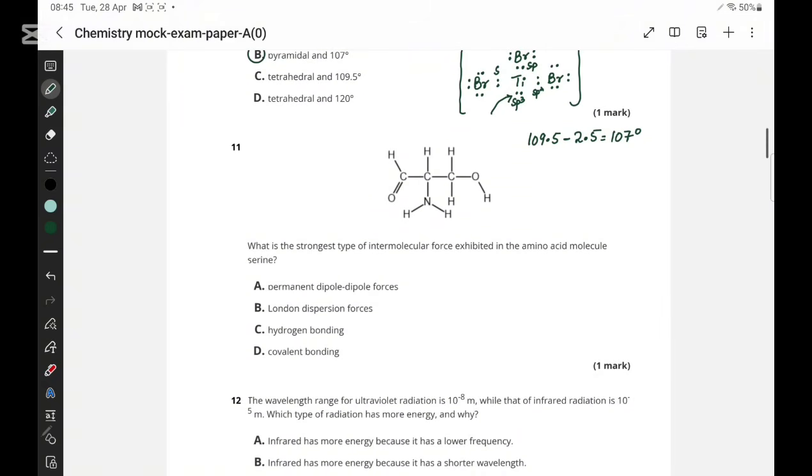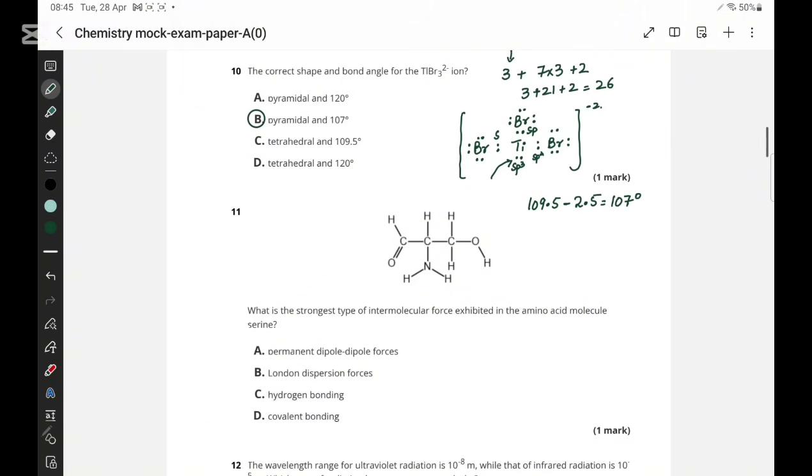For the next question, they are asking what is the strongest type of intermolecular force exhibited in the amino acid molecule serine. You can see there is a lone pair present on oxygen with a partial negative charge, and it would be attracted towards the hydrogen having a partial positive charge.